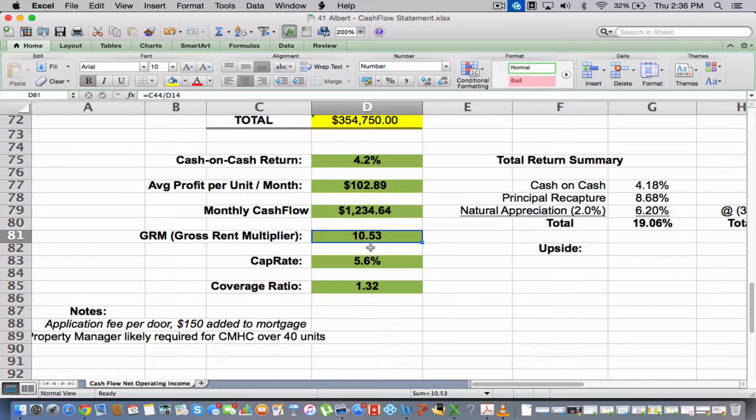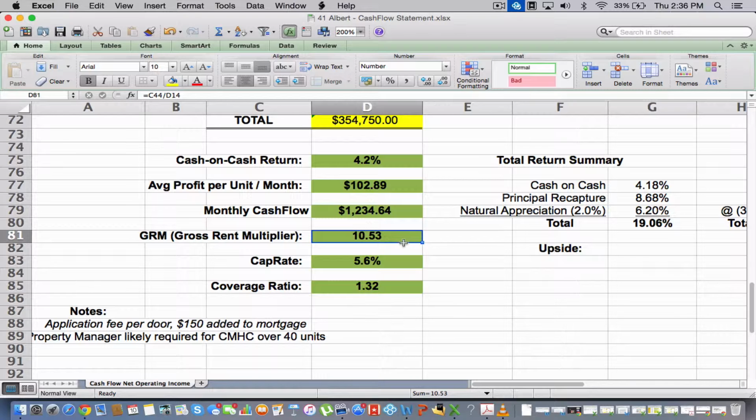So if the gross rent multiplier is under 10, meaning if you take the purchase price and divide it by the gross annual rent that the property is producing, and the number is less than 10, it's a good indicator. Anything 10 or less in our market is a good sign that the property is producing good income.